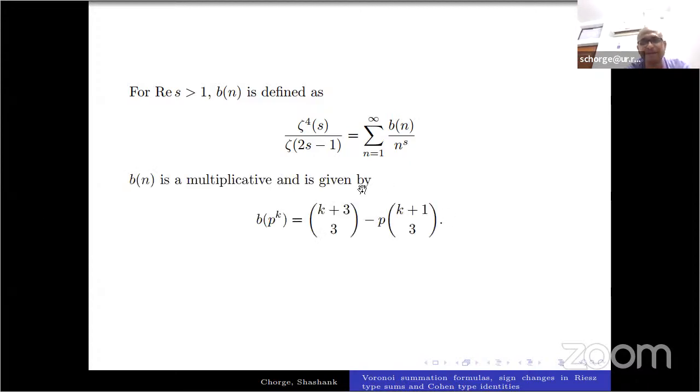B of n is a completely multiplicative function, so we only need the representation for prime powers. And for prime powers, the representation is given as follows: k plus 3 choose 3, this is a combinatoric symbol, minus p times k plus 1 choose 3. So of course, when k plus 1 is smaller than 3, this becomes 0. And that is the representation for this.